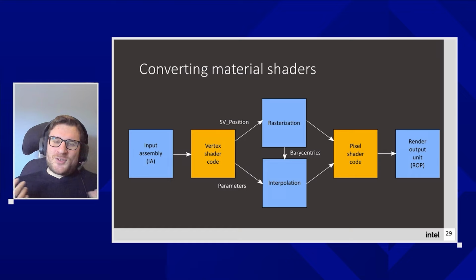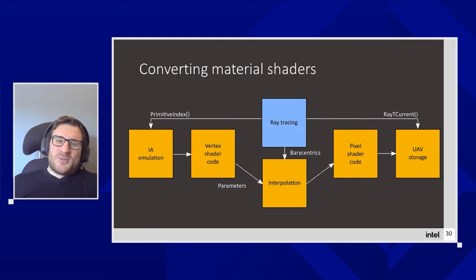So if we have these two shaders, how do we convert them to a ray tracing shader? In this other diagram, we need to do a bit more work than is necessary in rasterization. All these parts that we get for free in rasterization are not available in ray tracing.